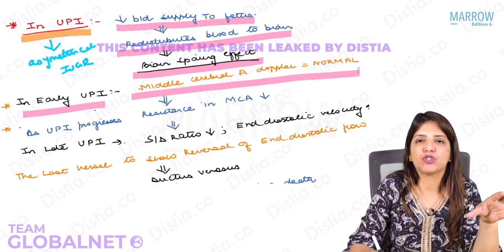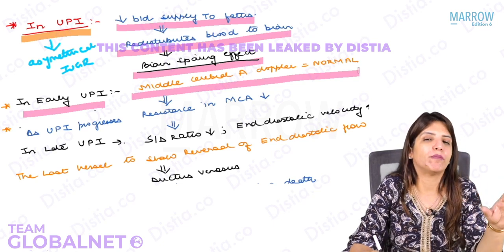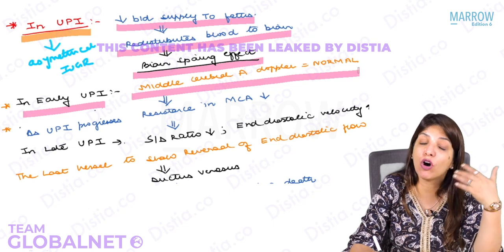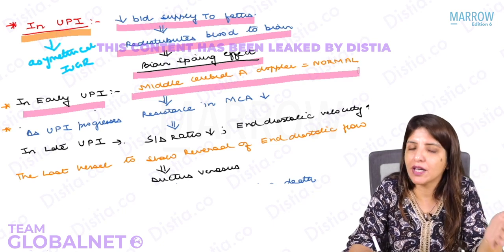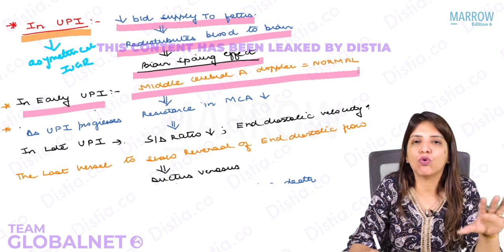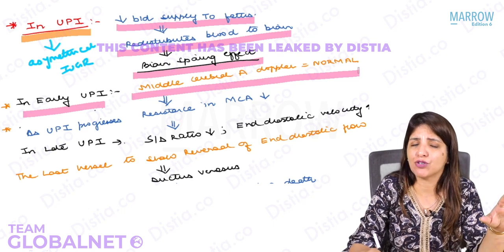So the first vessel which you have to see is the umbilical artery. The middle cerebral artery Doppler is not going to show you any changes because in asymmetrical IUGR, there is a brain sparing effect. So early in the course, there is no use of getting middle cerebral artery Doppler done.